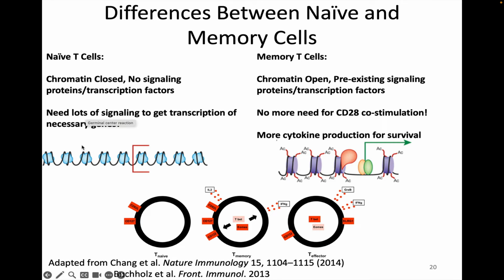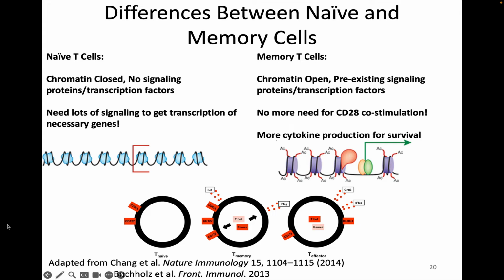So if we look at the genes that are really important for T cells to make proteins of interest to do their function, we find that the chromatin is really closed. We're seeing very little of our signaling proteins and transcription factors being made. And so in order to get transcription of necessary genes, these naive T cells require a lot of signaling.